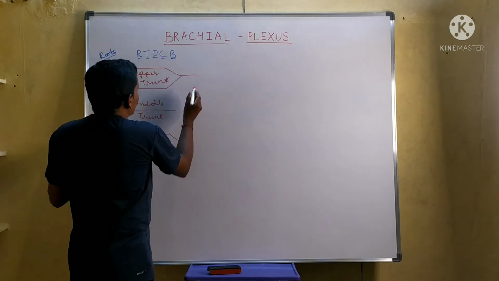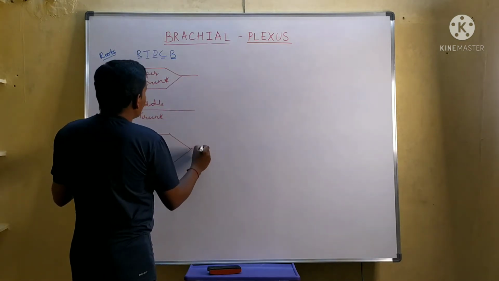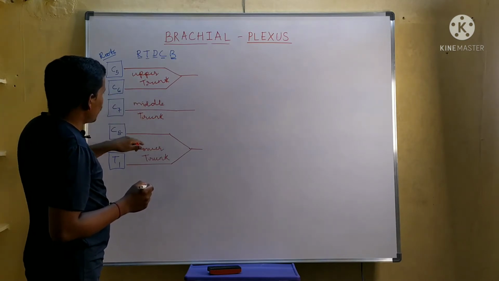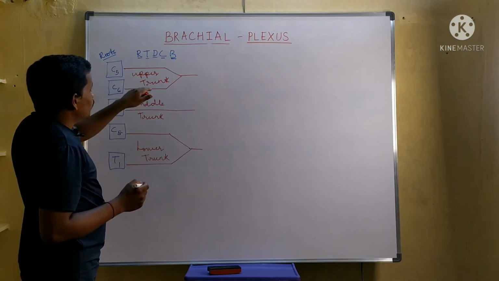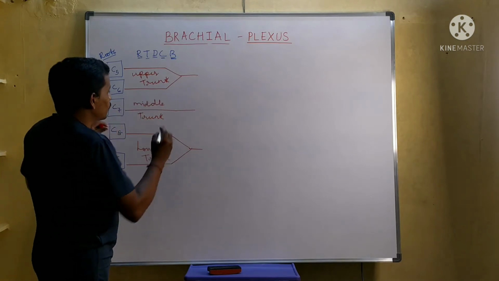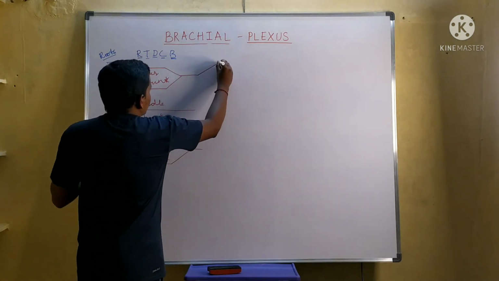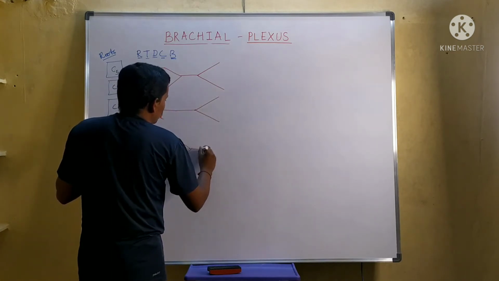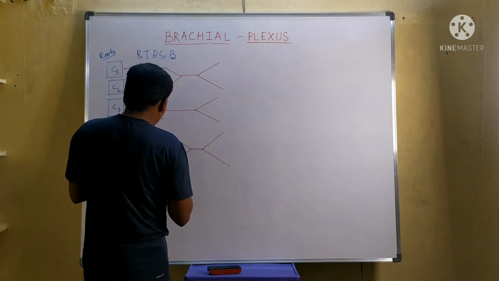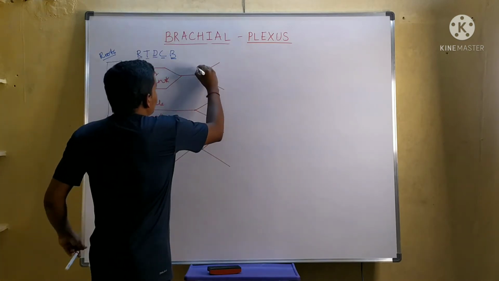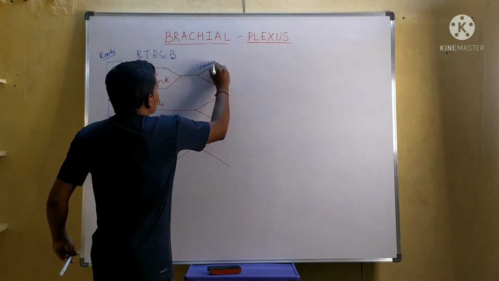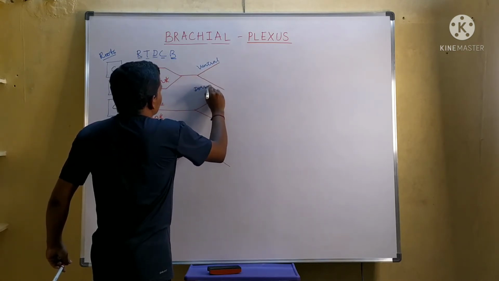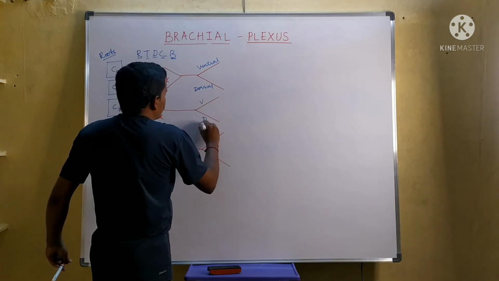Now each of these trunks, upper, middle and lower, is divided into two divisions, that is a ventral division and a dorsal division. Ventral, dorsal.